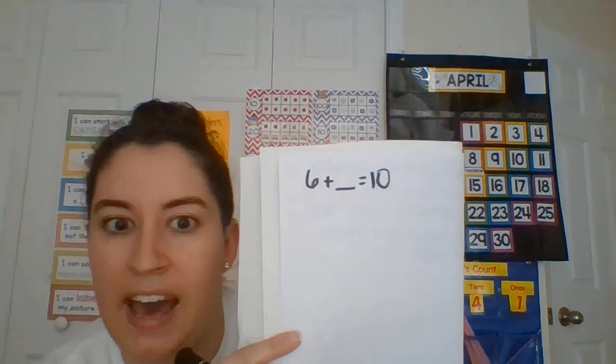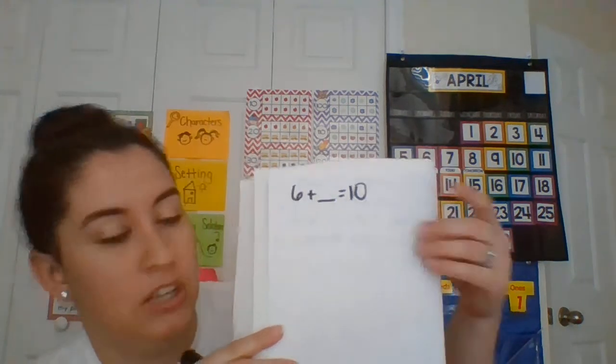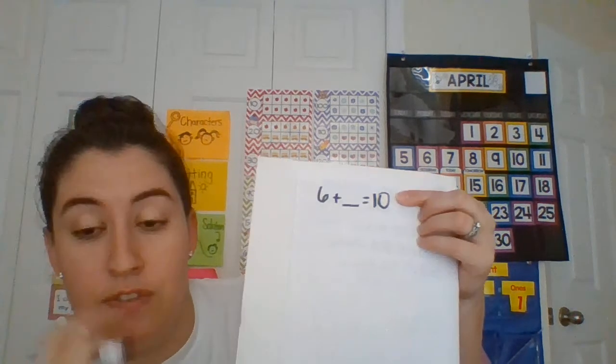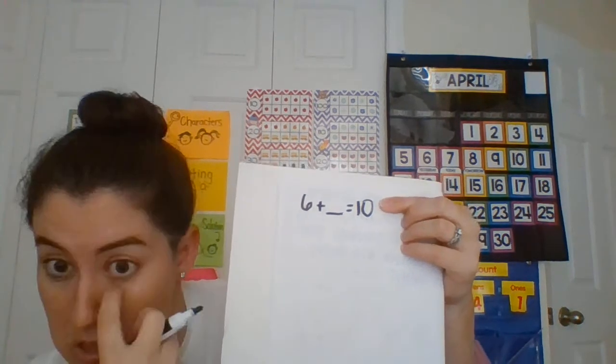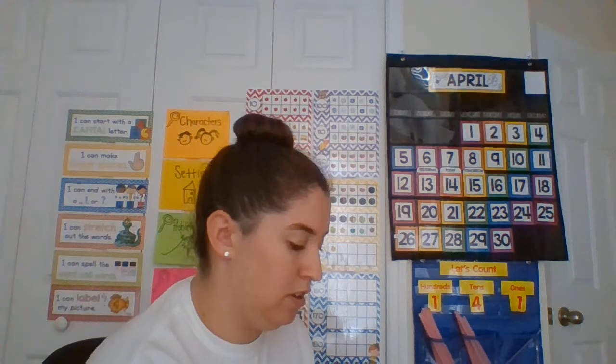So, real quick, how many cubes do you need all together? We need 10 cubes all together. So if you have your cubes in front of you, you're going to make sure you have 10. I'm going to draw little circles. 6, 7, 8, 9, 10.